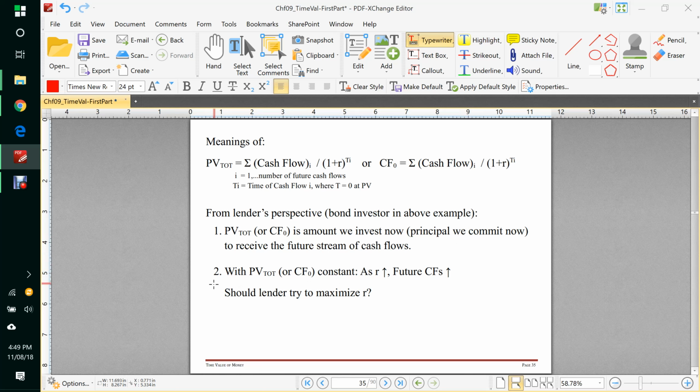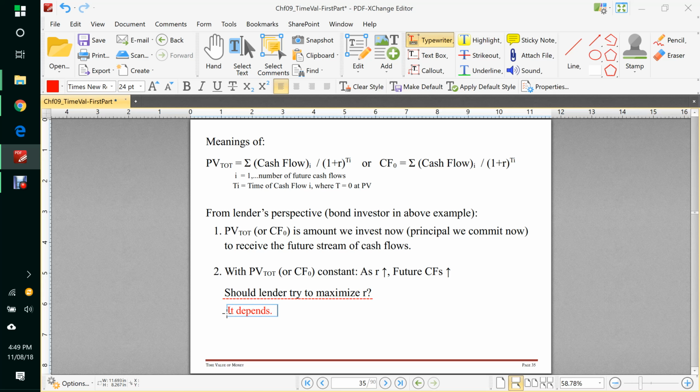Also, we can say if PV is constant, as the interest rate goes up, our future cash flows go up. So if we're a lender, should we try to maximize our interest rate? Well, this is one of those wishy-washy, it depends kind of answers.